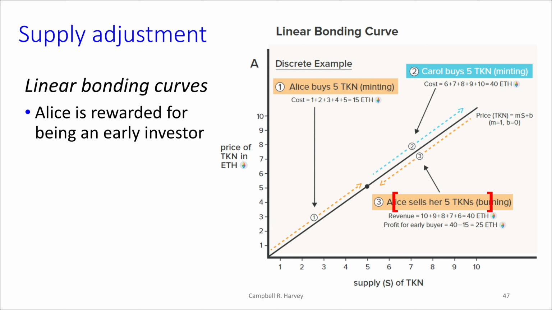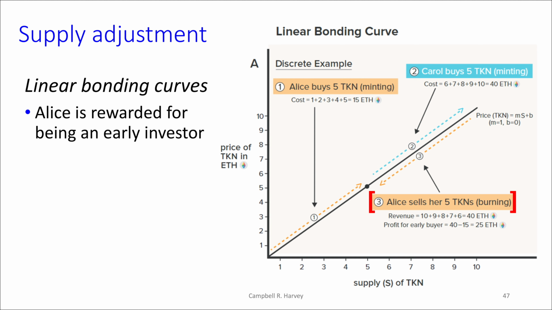Now suppose that Alice, as the first one in, decides to sell. After Carol buys, and there's a total of 10 outstanding, Alice decides to sell her 5 token. The revenue that she's going to get off the sale is 10, 9, 8, 7, and 6, a total of 40.